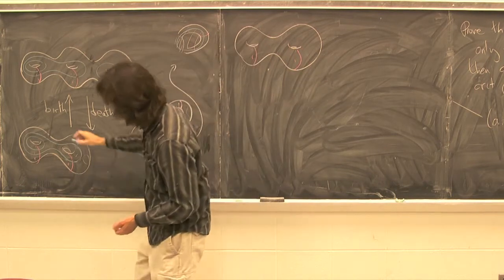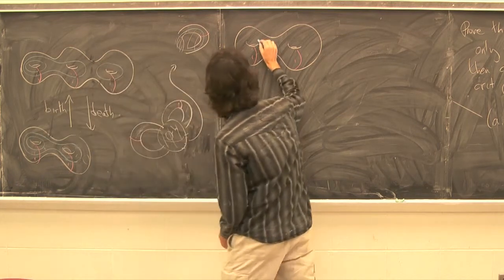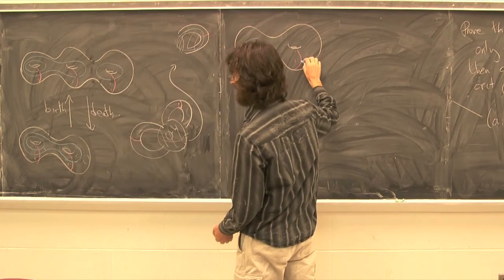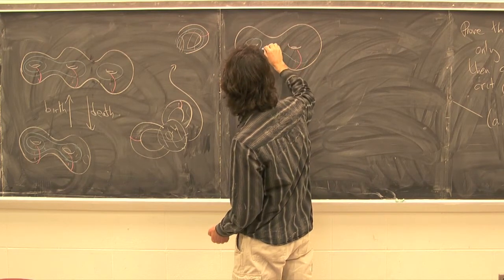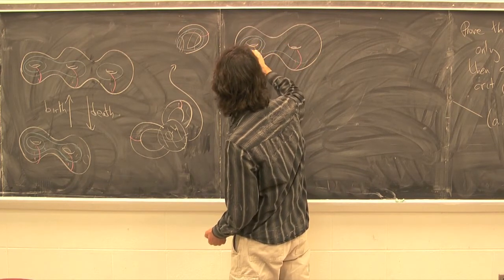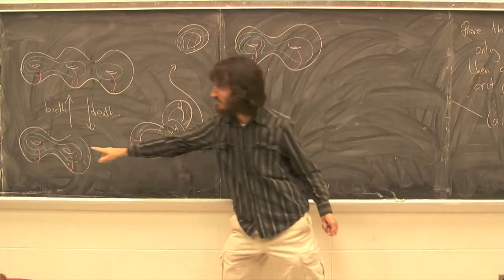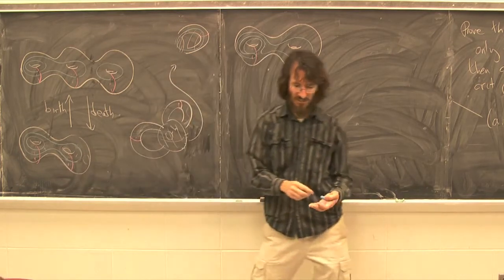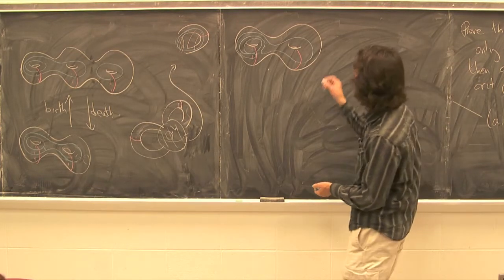So in this case, if I was going to slide, I could slide that over there, and I would get to draw it. That's I just slid the big one over the small one, and I've got a pair of pants in between, but anyway, then that simplifies.